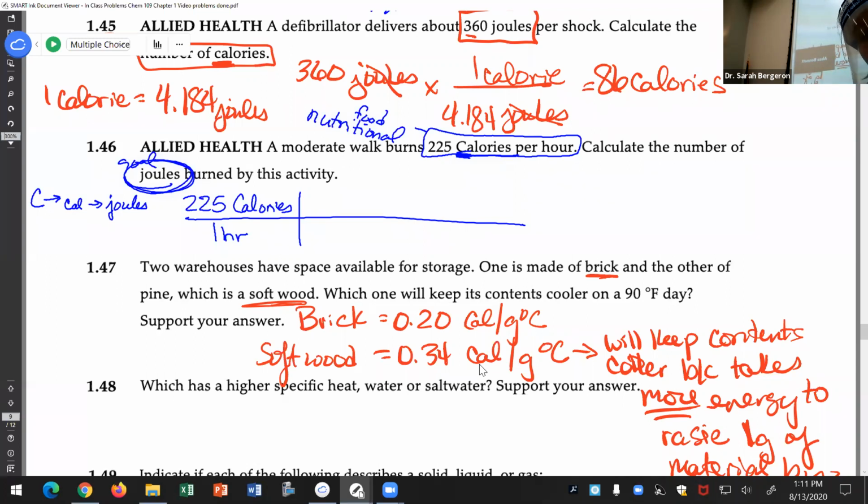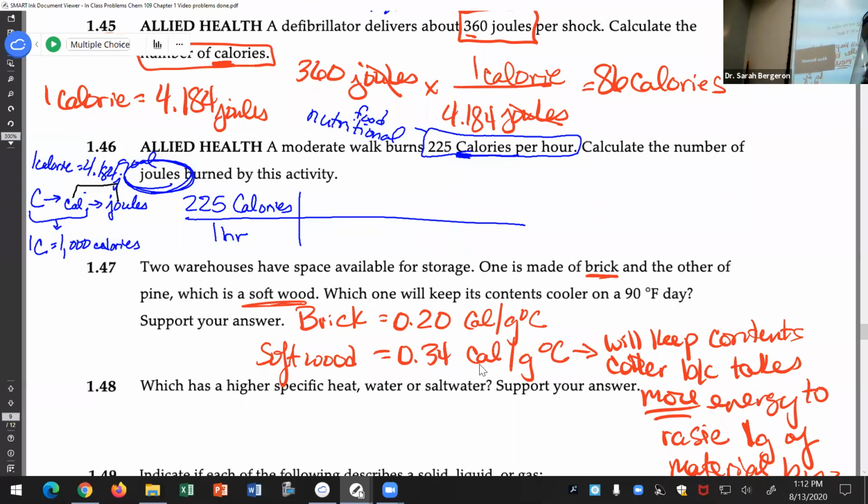Okay, so what's our conversion factor for this one? You would go and look that up. In 1 nutritional calorie, there are 1,000 energy calories. And then for this conversion, from energy calories to joules, you need to know that in 1 calorie, you have 4.184 joules.